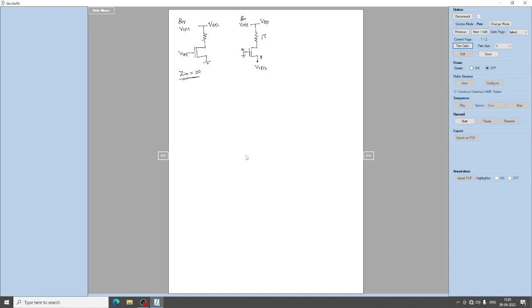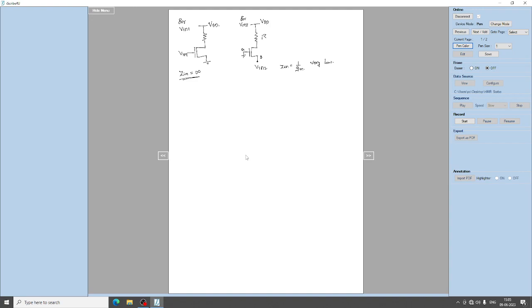So this basically becomes a common gate circuit where we are giving input to the source terminal. But in this case, the input impedance seen with respect to the source terminal, which is input 2, is very low. This cannot be used for amplifying properly. It will cause a loading effect when we give an input signal to the source terminal.